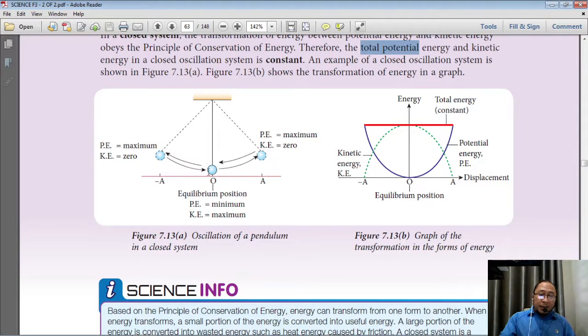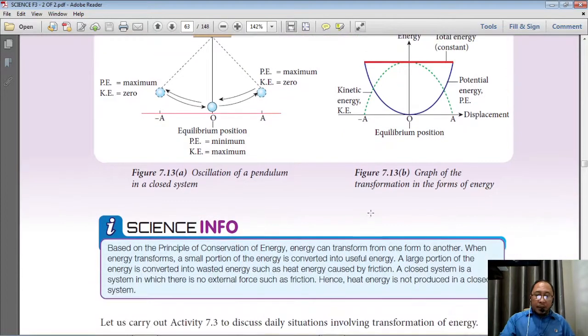That is exactly what happens during the process in the oscillation system.